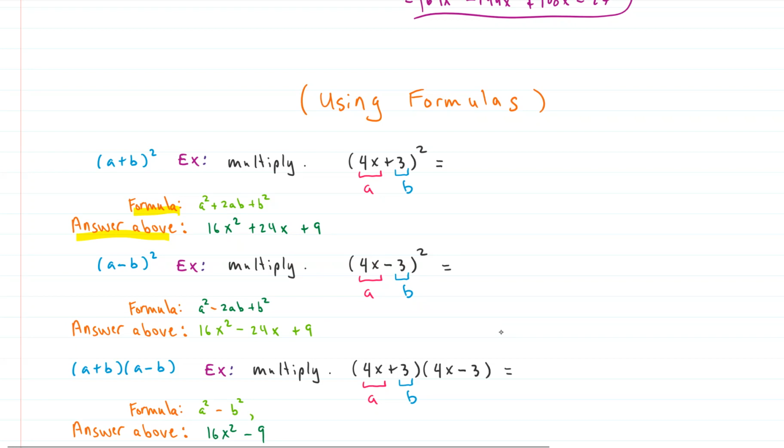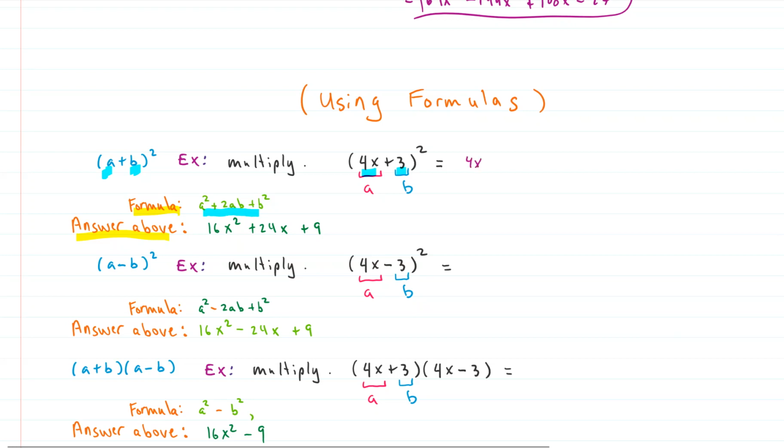The first thing we do is we identify the a and the b, because in our formula we have something plus something. So the a is 4x and the b is 3. Following our formula, we have a squared plus 2ab plus b squared.